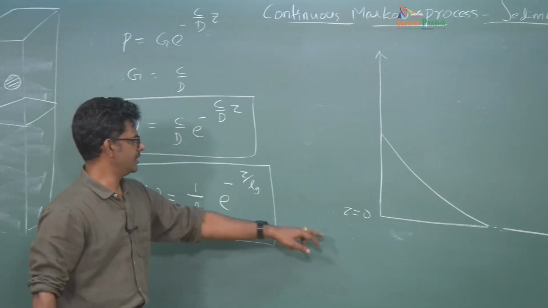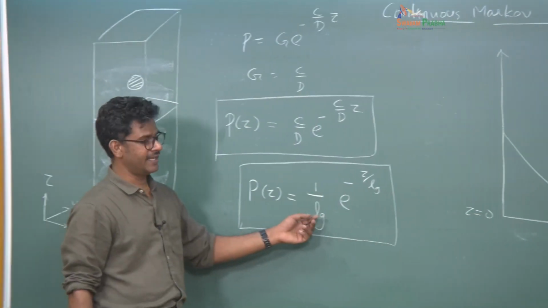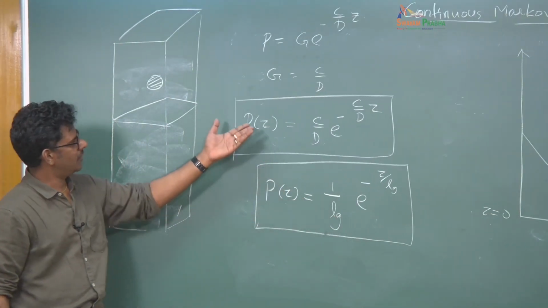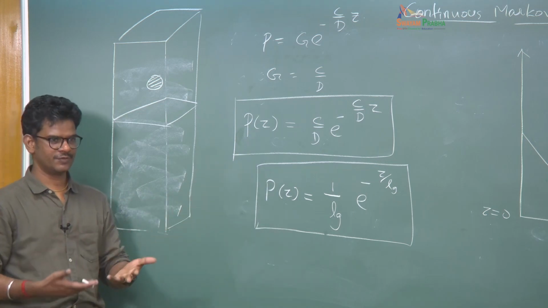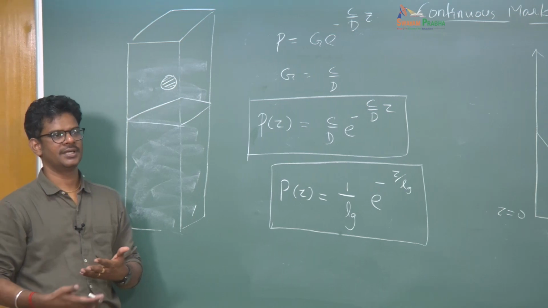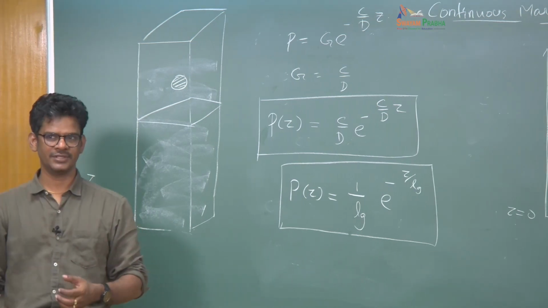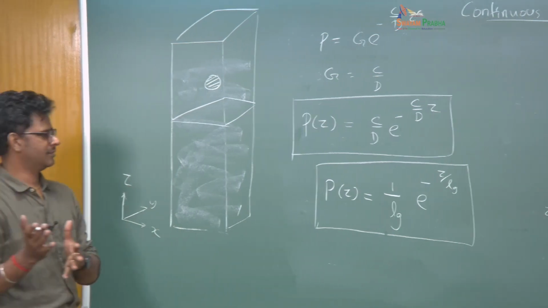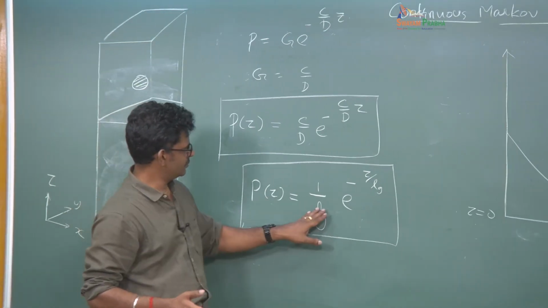And the rate of this decay is going to depend on this Lg, and this Lg depends on all these parameters: what is the mass of the particle, what is the density difference, what is the drag coefficient for the system, and so on. So all the material properties of the system go into defining Lg.